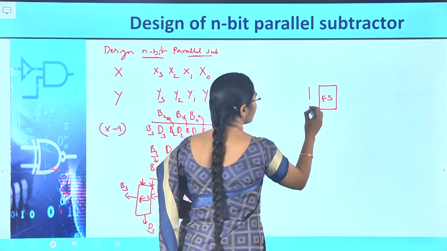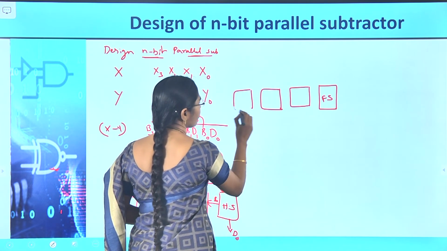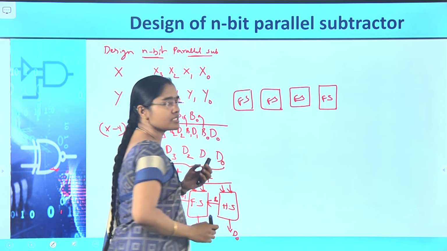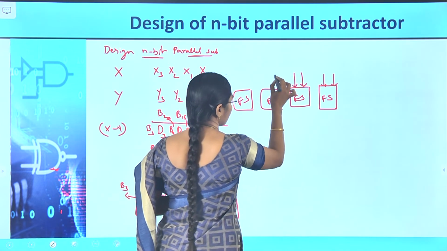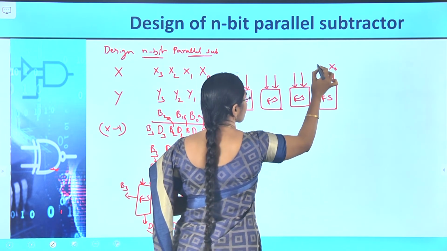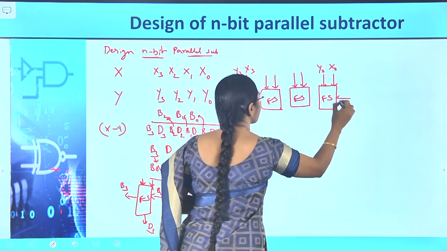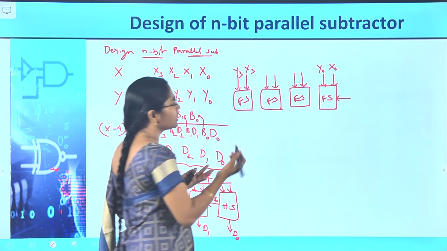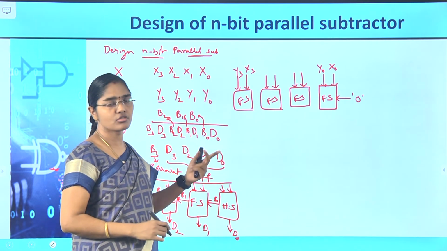So full subtractor 1, full subtractor 2, full subtractor 3 and full subtractor 4. 4 full subtractors are used, and for these, the x and y numbers are applied as inputs, that is x0 y0 to x3 y3. Since a full subtractor requires 3 inputs, for the first column x0 y0 only, there is no b, therefore apply logic 0 directly. The third input, apply logic 0 directly.